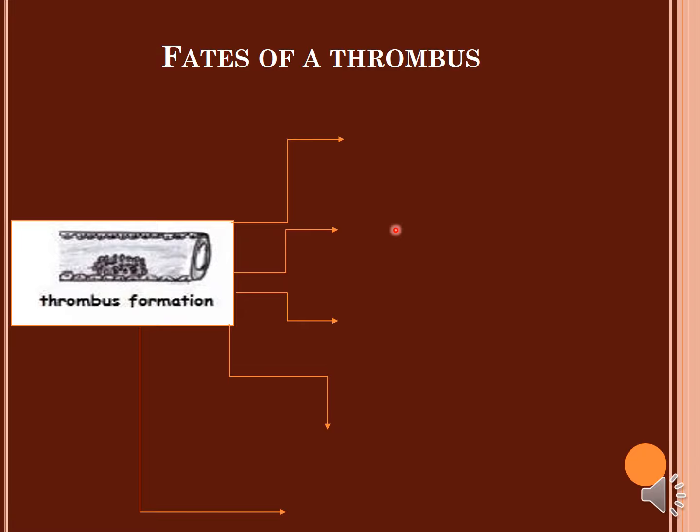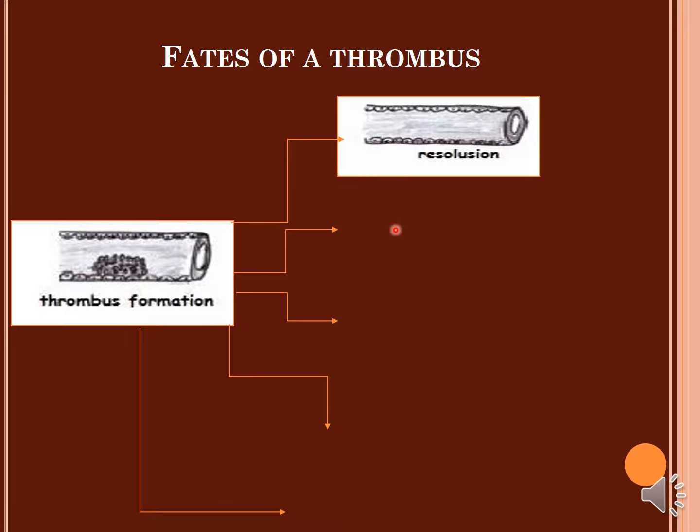The first of those fates is resolution. We mean by that removal of the formed thrombus, either alone or etiologically. We mean by that use of certain medications. So this is the perfect situation, and this is the fate of recently formed thrombi.